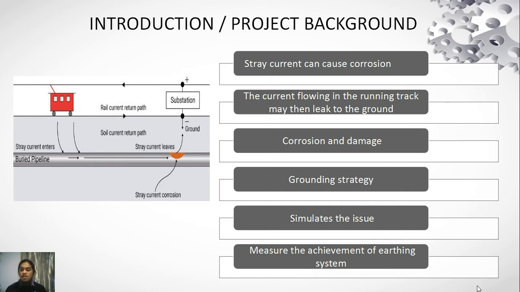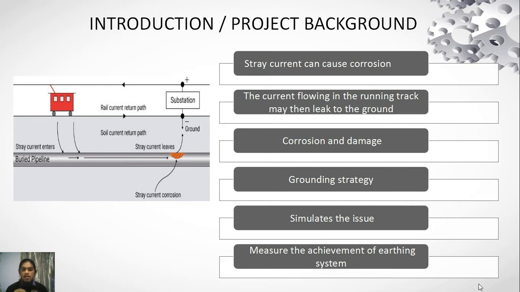Signal and communication systems with inadequate anti-interference capabilities are interfered with, putting people and equipment within and outside the railway or train at risk. Corrosion of metal near the railway is mostly caused by stray current.